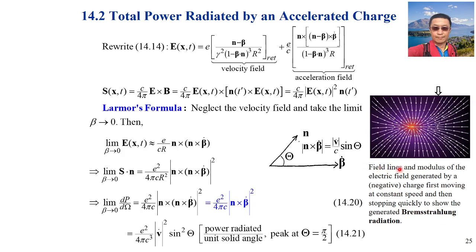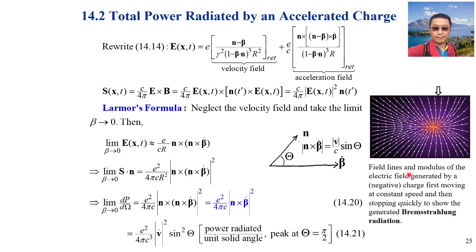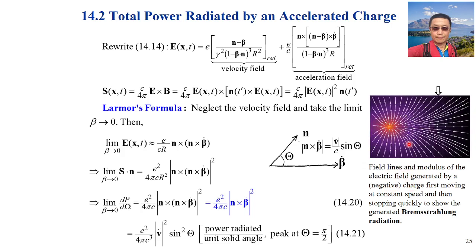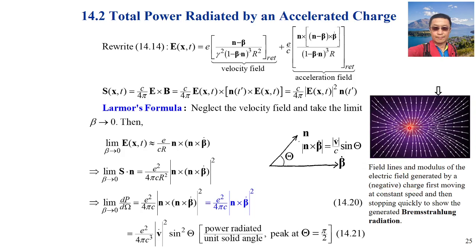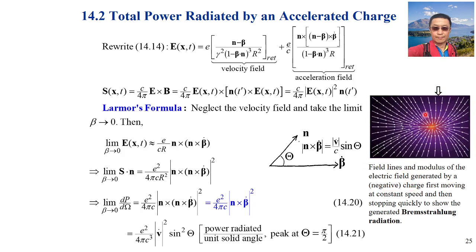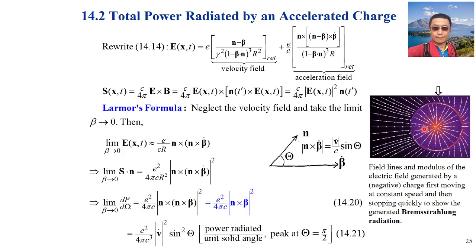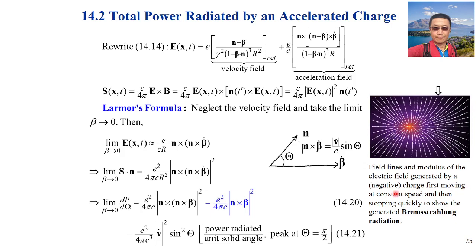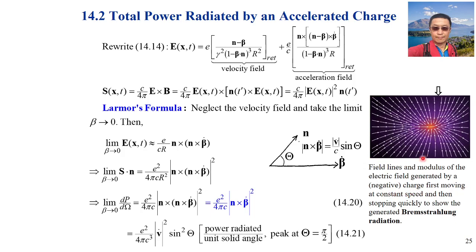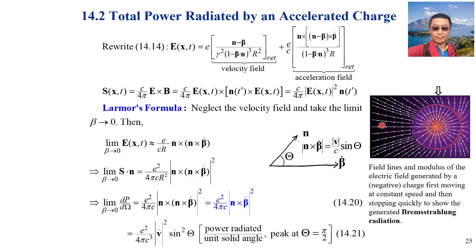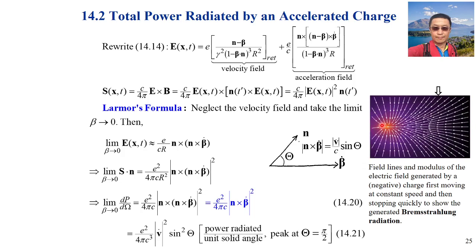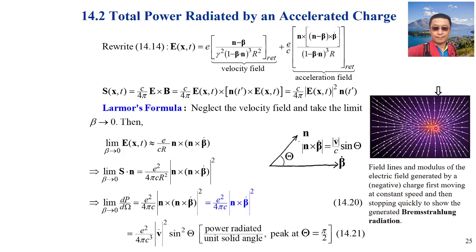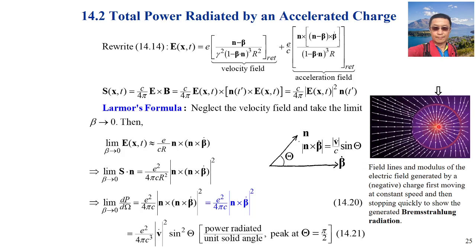The field line and electric field generated by a negative charge. You can see here, the charge is negative, so the electric field points to the charge. At first it moves at constant speed, and then it stops quickly.